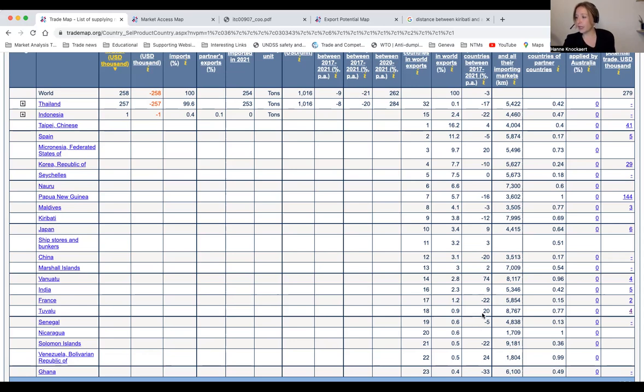But if we look into Tuvalu, we see that Tuvalu is actually growing very well at 20% on average each year over the last 5 years. So Tuvalu is growing very well, but we see that it is also very concentrated. Kiribati is also a very concentrated supply scheme.